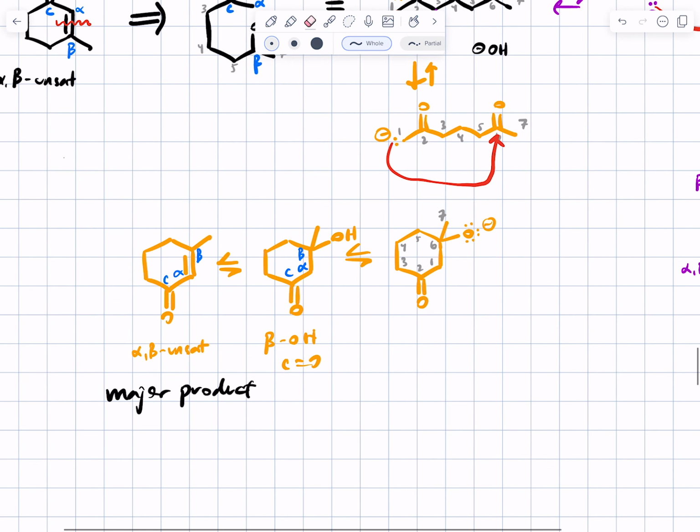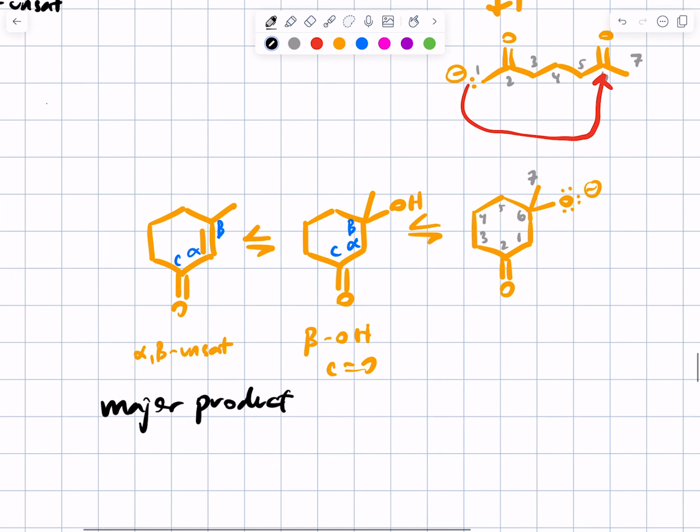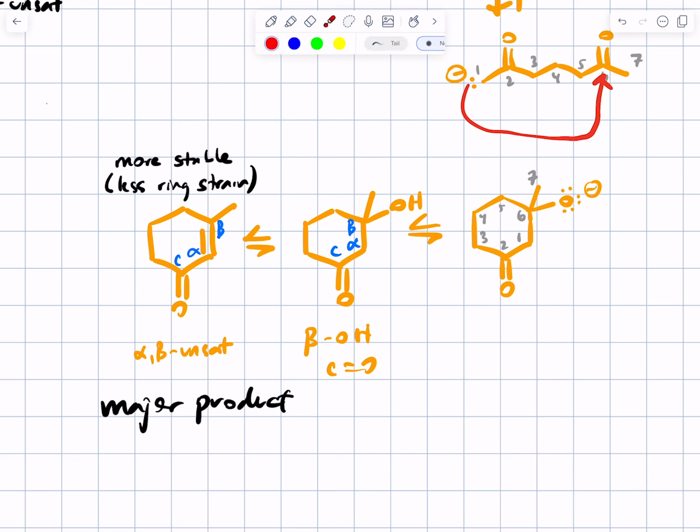Sure, so you're pointing out that the product of the aldol reaction is, sorry, I erased something because I didn't like my penmanship, and now suddenly I'm having to rewrite it again. That's silly. More stable, less ring strain. Yes, this aldol product itself is an electrophile in conjugate addition reactions where nucleophiles can attack the beta carbon.